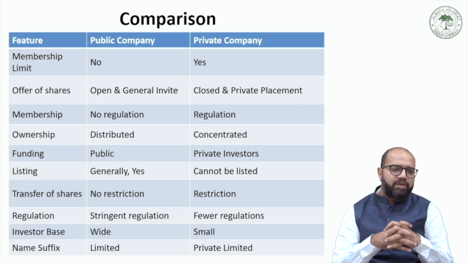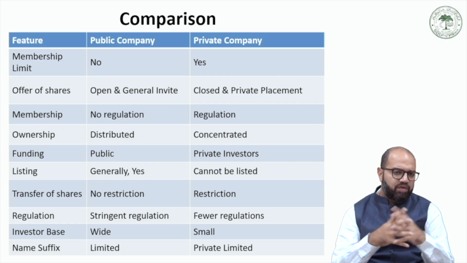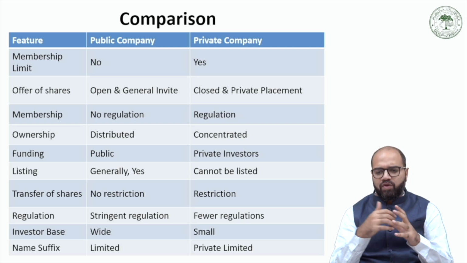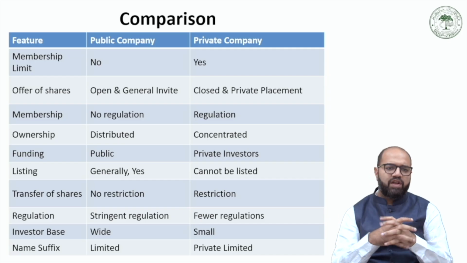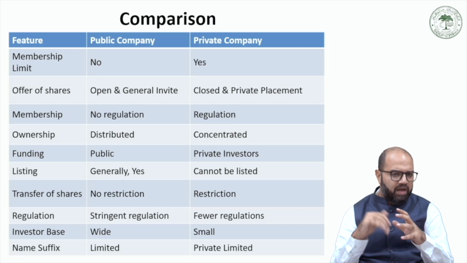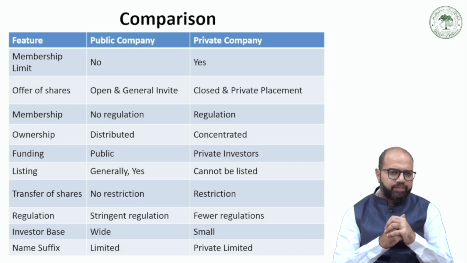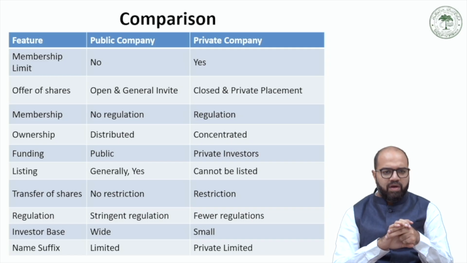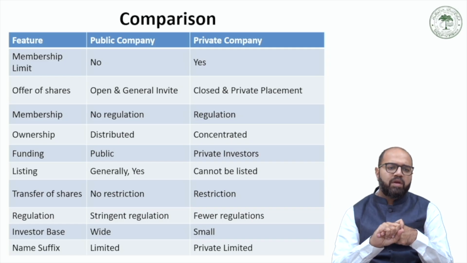So in the same way, in case of a private company, there are restrictions on the exit of a shareholder and coming in of a shareholder. So a big public company has to go through more stringent regulations under the law as compared to a private company which has got fewer regulations.